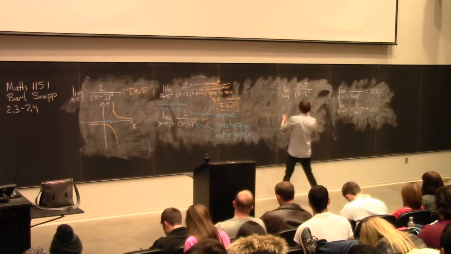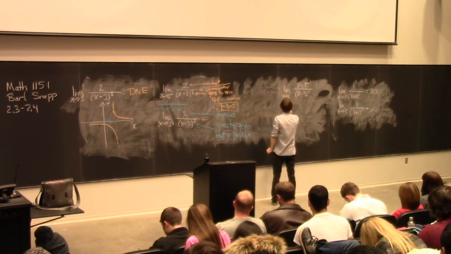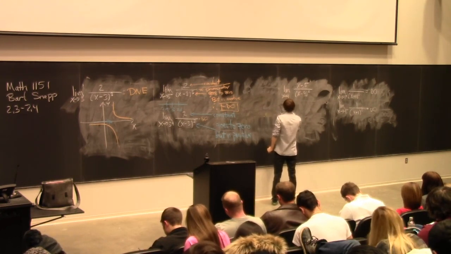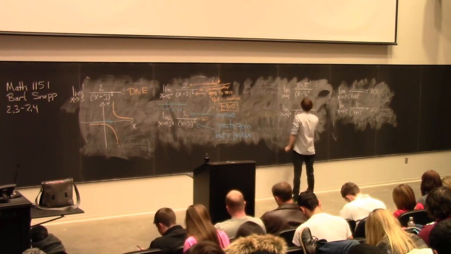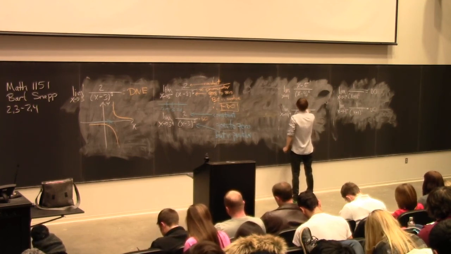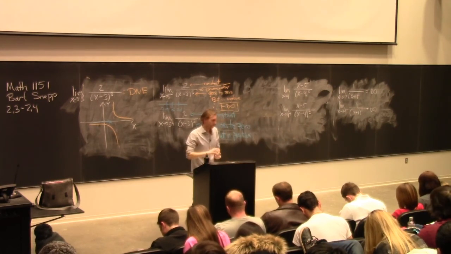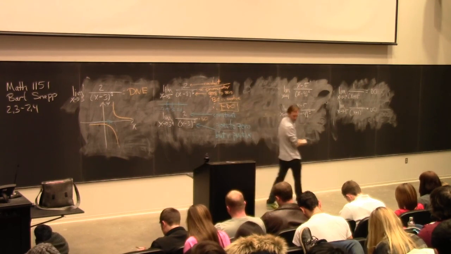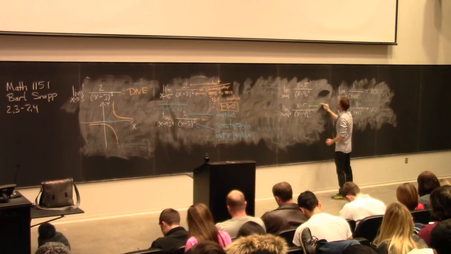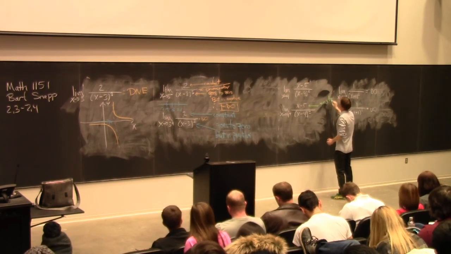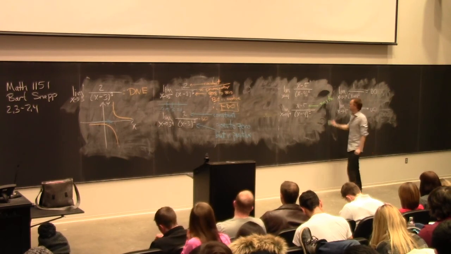So let's look at this from the right. The limit as x goes to 4 from the right. What happens to the numerator? The numerator goes to negative 1.